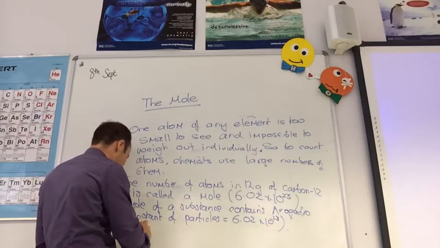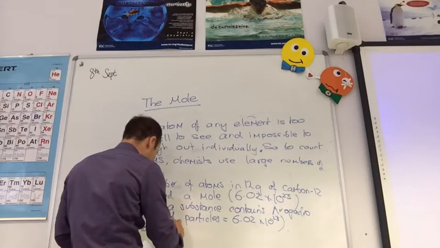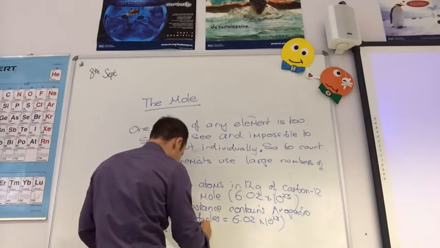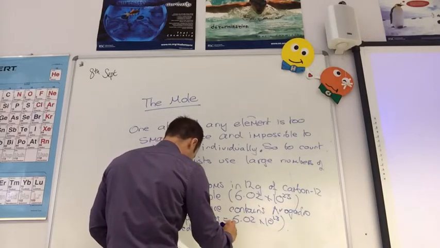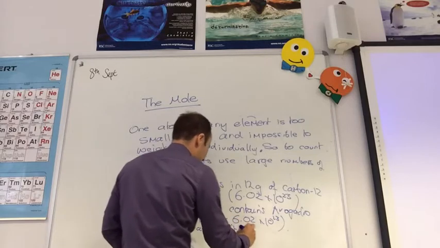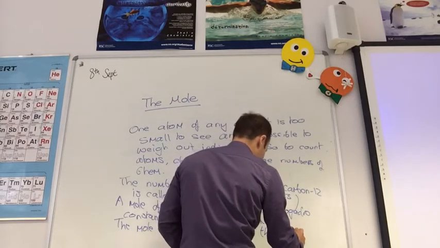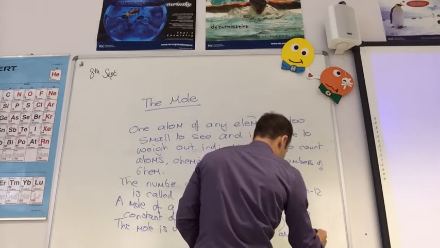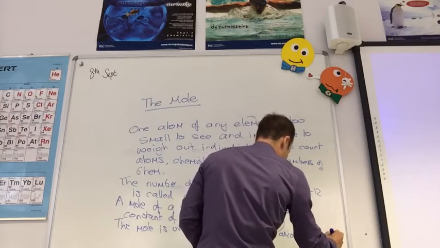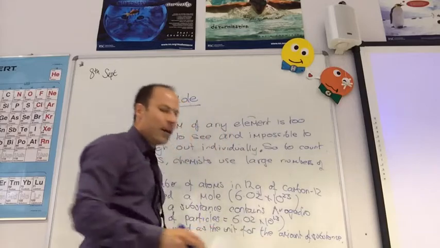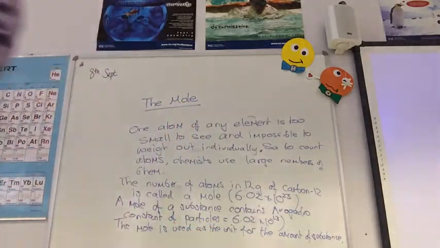And we'll just say the mole is used as the unit for the amount of substance. But the main thing is just think of it as a number, just a very, very big number.